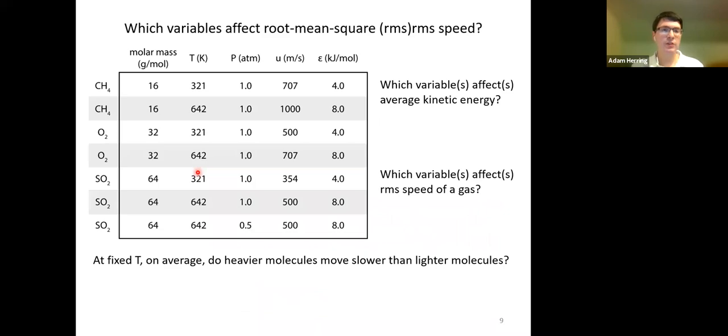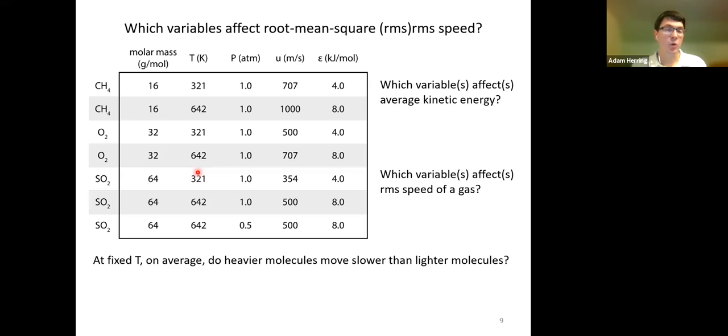I'd like you to pause the video and look over these data on your own and try to determine for yourself which variables are affecting kinetic energy, which variables are affecting RMS speed, as well as whether there's a difference in speeds for heavier versus lighter molecules.